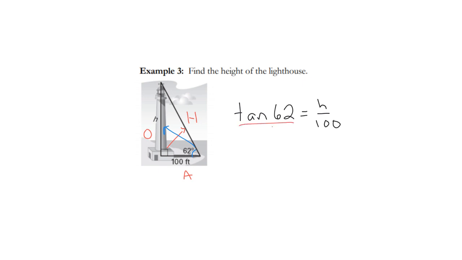Again, cross multiply to solve, and check to see if your answer is the same as mine. Again, checking calculator's mode here as we go. And what you should get here is that the lighthouse is 188.073 feet.